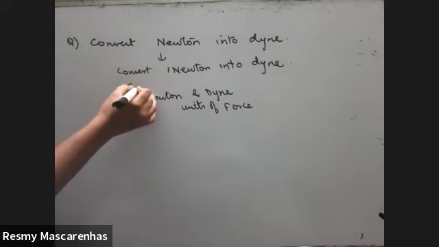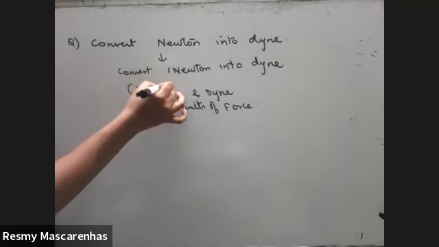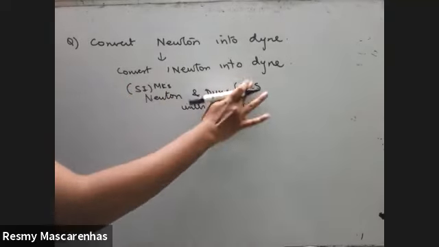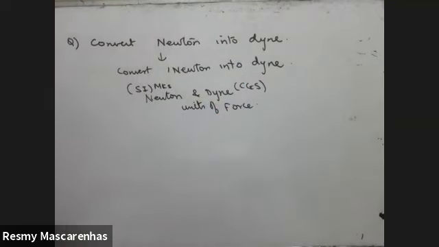This is the SI system, MKS, and this is the CGS. You have to know that Newton means the MKS system, meter, kilogram, and second, and dyne means centimeter, gram, and second.